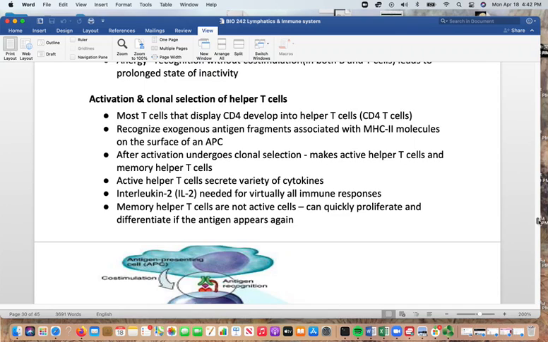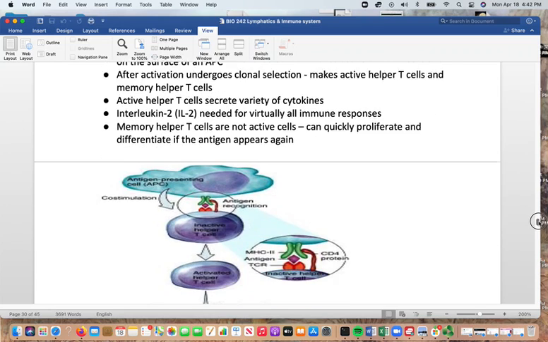It's going to make the active helper T cells and memory helper T cells. So these helper T cells will secrete a variety of cytokines. IL-2 is one example that's needed for almost all of the immune responses. So those memory helper T cells are not active, but they can quickly proliferate and differentiate if you get that same antigen back again. So they already know how to do the job in the future.